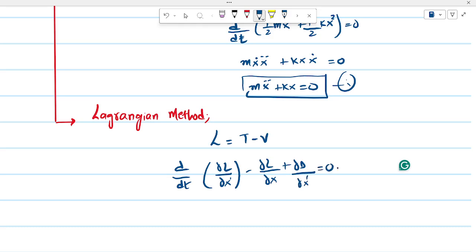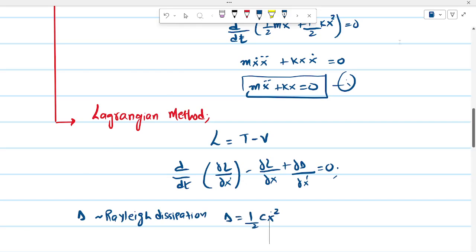That's the general equation of motion, the general characteristic equation of the Lagrangian method, and this will help you identify the equation of motion. Here D is the Rayleigh dissipation function, which equals half c x dot squared. How can we identify this?